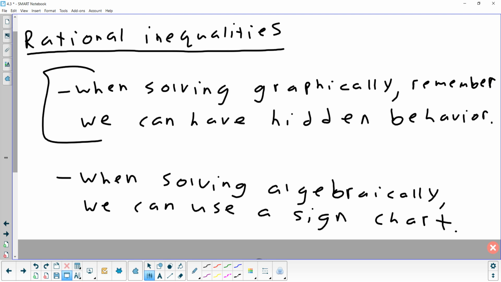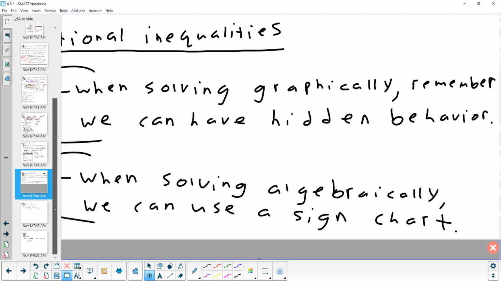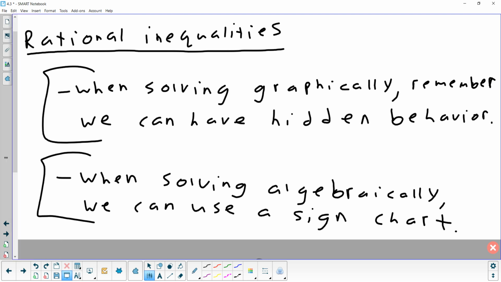If it's a simple enough problem, I might ask you to do it with a sign chart. Okay, a sign chart only works for a problem that is factorable. If you have a problem that's not factorable, you're going to have to do it graphically.